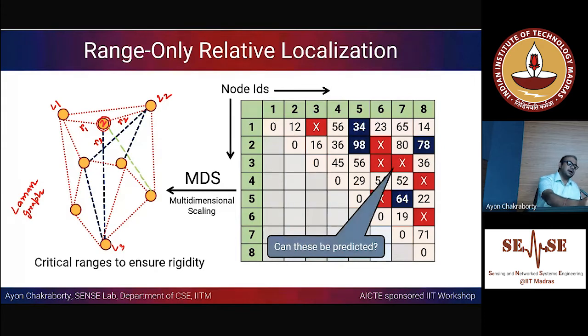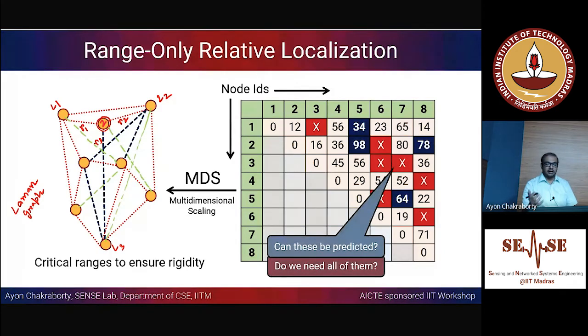This can be derived analytically. You don't have to really go and measure. Or what is this distance in between L2 and L3, or what is this distance? Even if you do not have a direct measurement, you can still derive them, because the system has already been proved to be rigid by the selection of the edges that we have done. So this can be predicted.